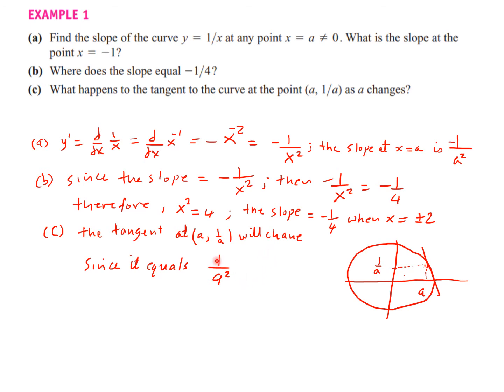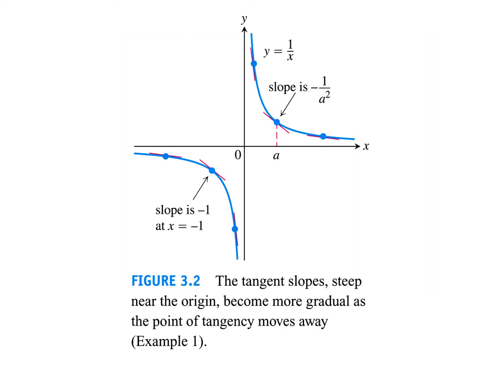Let's take a look at more examples. This figure provides a solution to the points that we just discussed. This figure is about the tangent slopes: steep near the origin, they become more gradual as the point of tangency moves away. You can go from the top in y equals 1 over x.